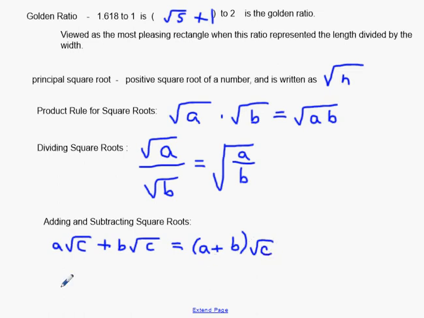But if we are subtracting a square root of c, subtract b square root of c, we first subtract a minus b, and take that answer and multiply it times the square root of c.